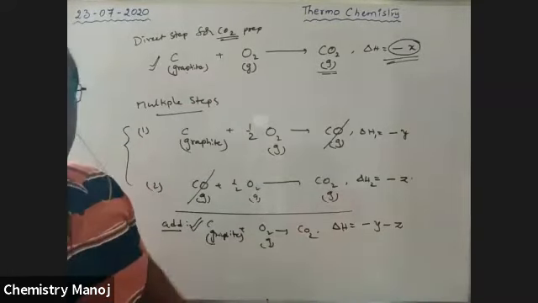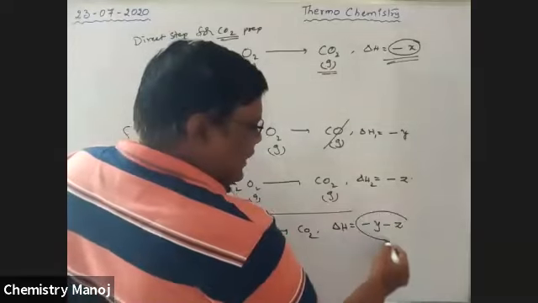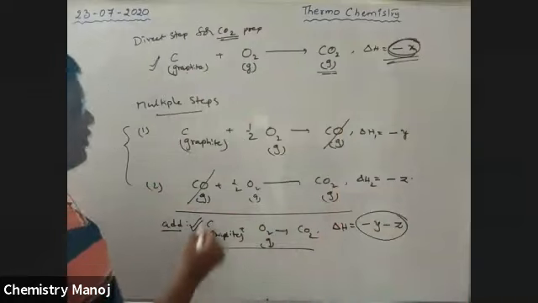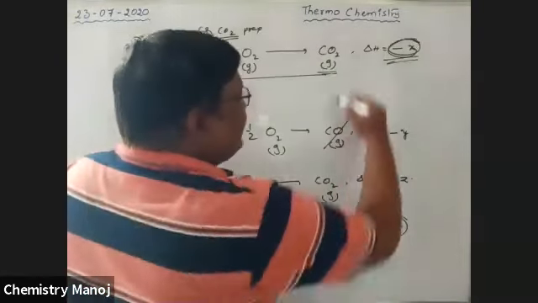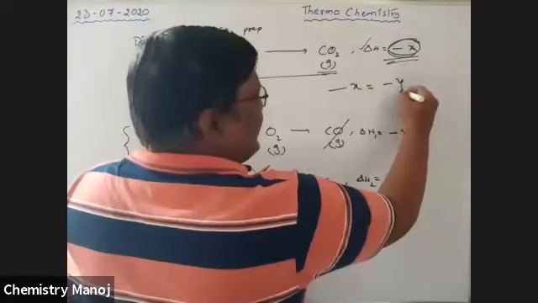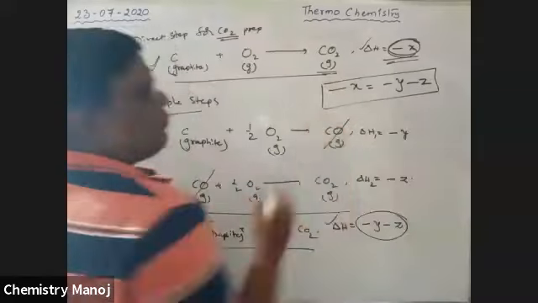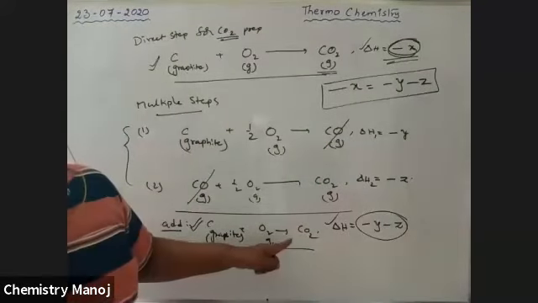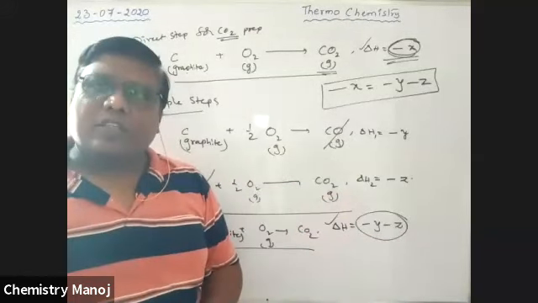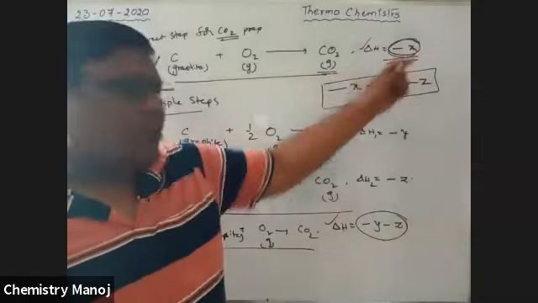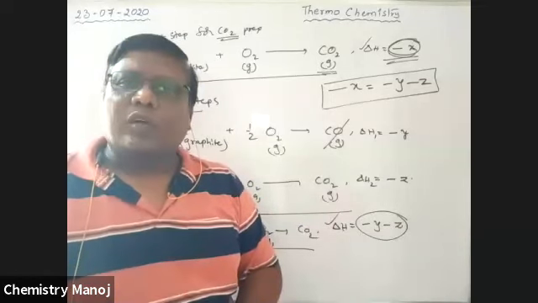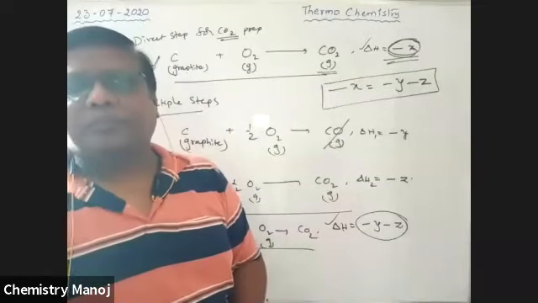Because these two reactions are the same, the energies are also the same. Therefore, minus x is equal to minus y minus z. The direct energy is equal to the sum of the steps' energy, as per Hess's law. This is the way to calculate.